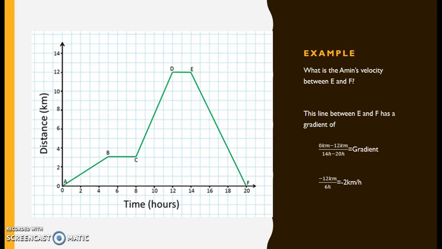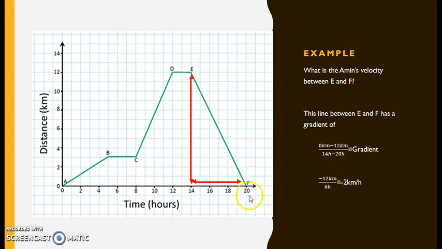Alright, the last one. What is the velocity between E and F? E and F has a gradient of 0 minus 12 over 14 hours minus 20 hours. So like right here is 12 and over here is 0.